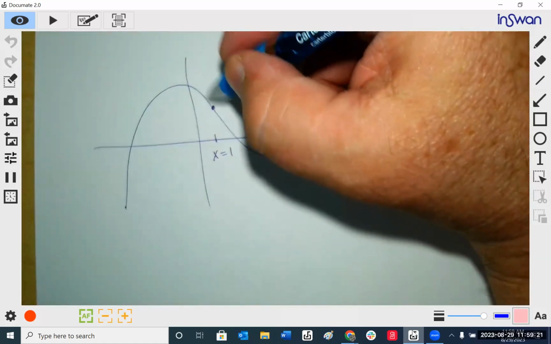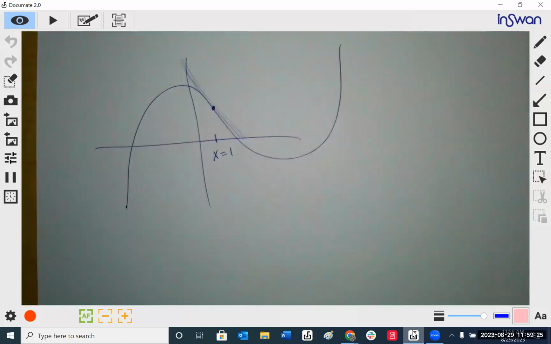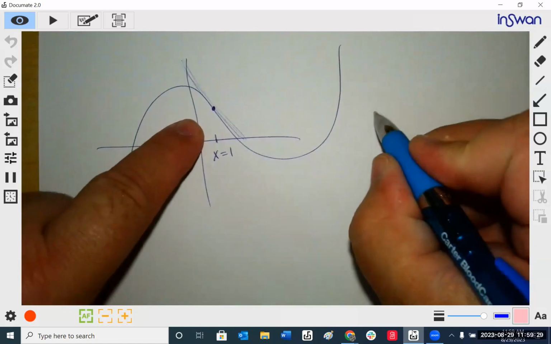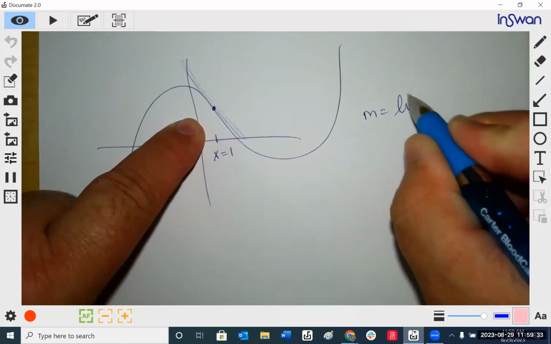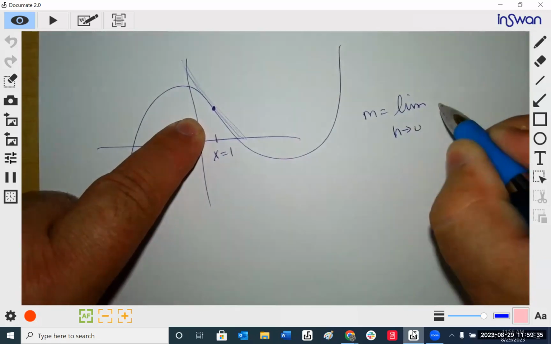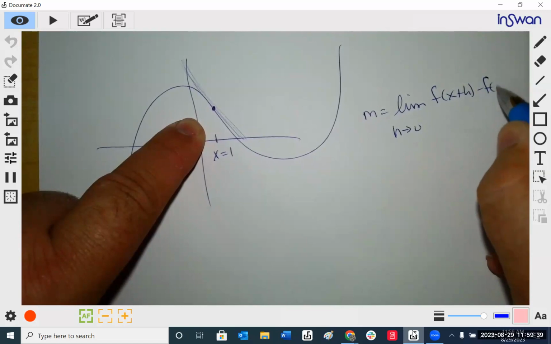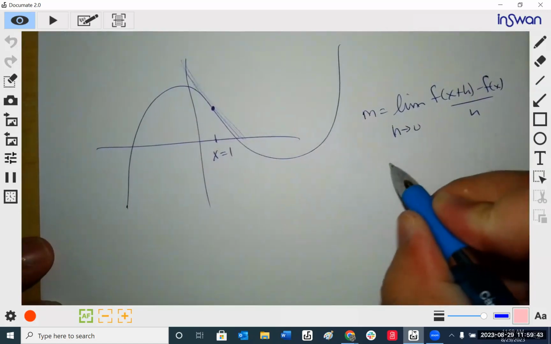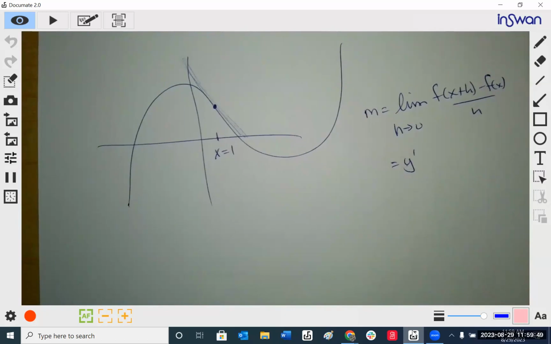Since it's a point on a curve, it has to be the tangent to it. So that's what we have to use. The slope is the limit as h goes to 0, which is also our first derivative, because this defines our first derivative.